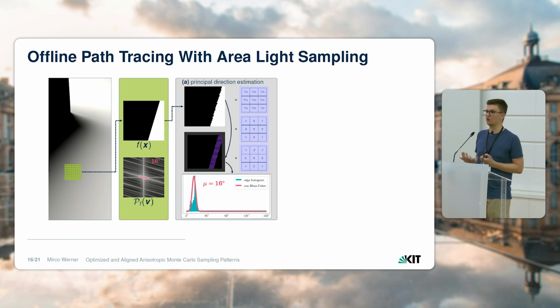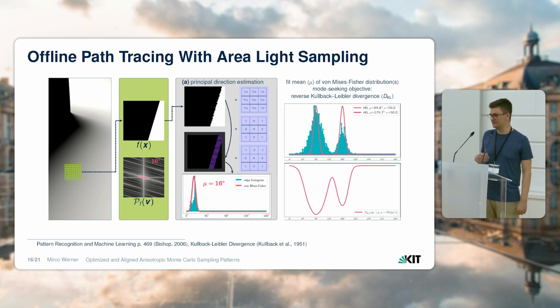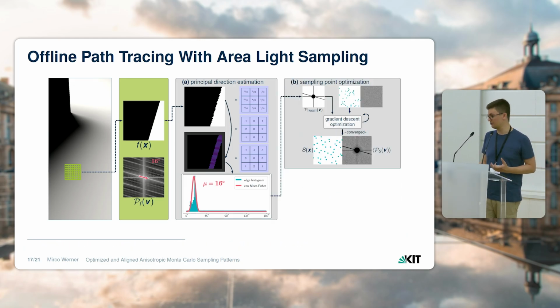This histogram is of course noisy, so we do not just want to take the maximum direction, but our solution for this is that we instead fit the mean of multiple von Mises-Fisher distributions with a mode-seeking objective, and you can see this plotted here on the bottom right. And you can clearly see here that these local minima correspond exactly to the positions where we want to place our von Mises-Fisher distributions.